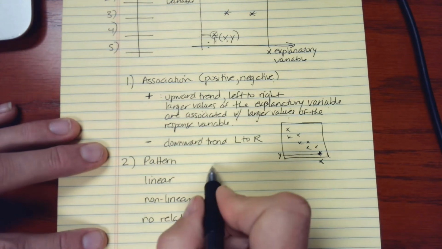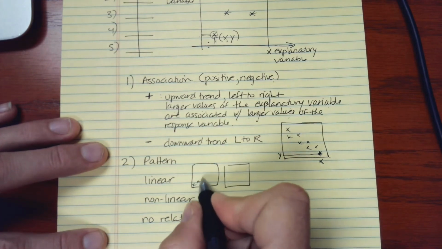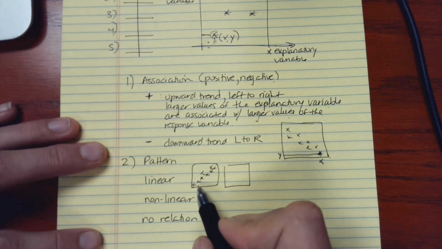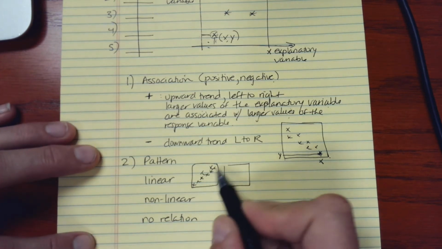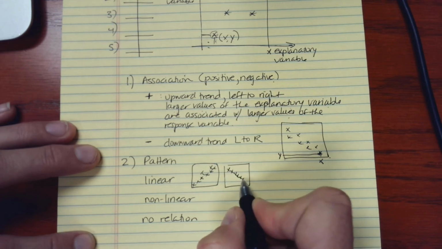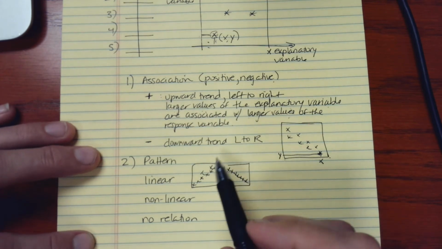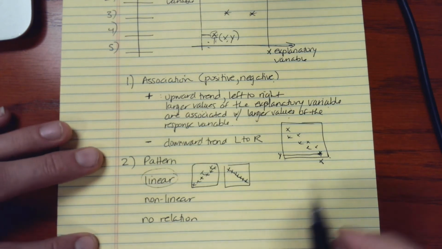So a linear pattern, that could look like what we've seen in these previous examples that I've drawn, where the points in the scatter plot fall on or near a straight line. Now, sometimes they may fall perfectly on a line, but really you have to give yourself a little bit of leeway, and I think on or near a straight line is sufficient to say that there's a linear pattern.